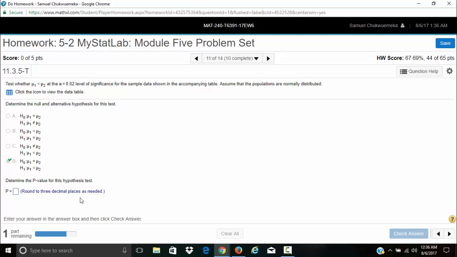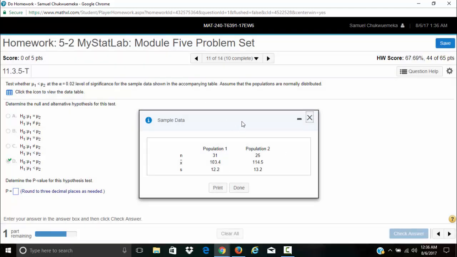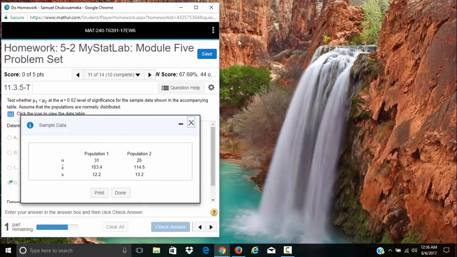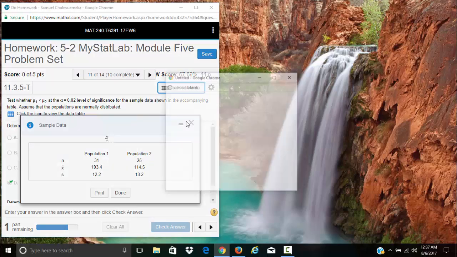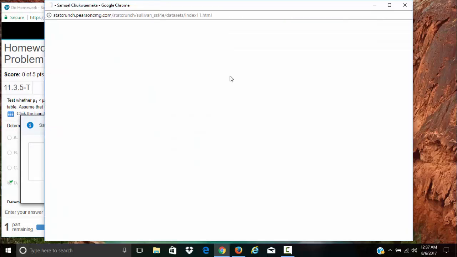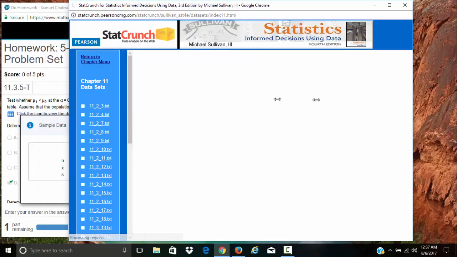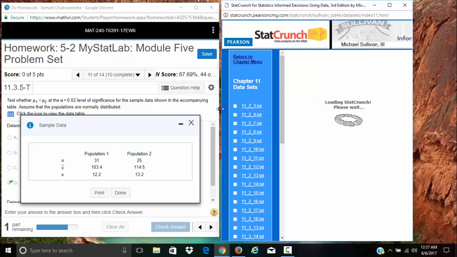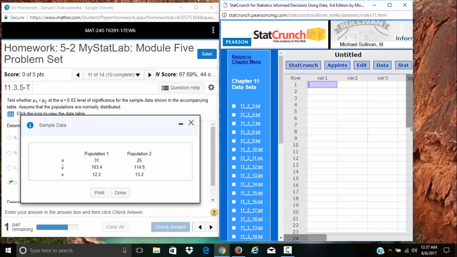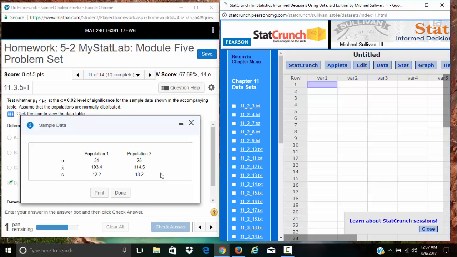Determine the p-value. So we did this. I'm gonna click on the table. So this is the table here. Let's minimize this. Get the StatCrunch. So these are two different populations.